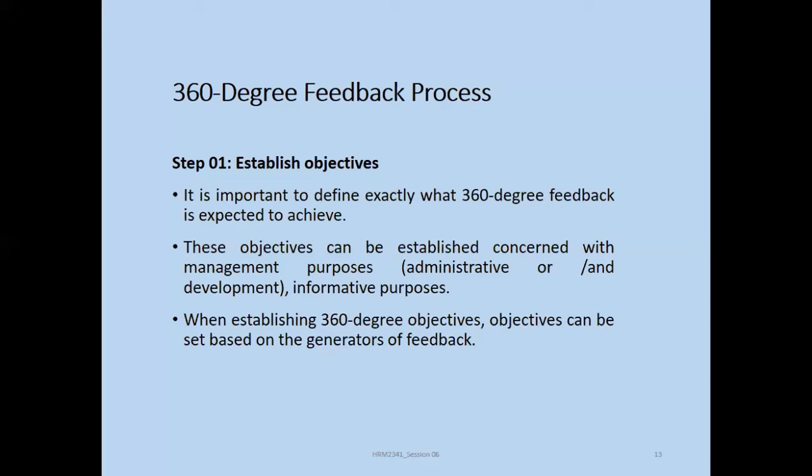Therefore, who is the main internal customer? That's why we select production supervisor 4 to collect feedback about the HR manager. Therefore, we can establish objectives for why we collect feedback from production supervisor 4.